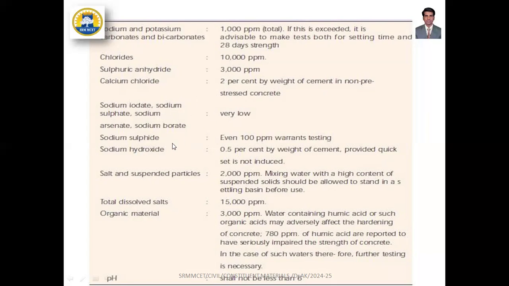Sodium sulfate is a maximum of 100 ppm, sodium hydroxide a maximum of 0.5% to the weight of the cement, and the salt content a maximum of 2000 ppm. The total dissolved solids should be a maximum of 15,000 ppm, and the organic material is 3000 ppm. Here ppm is nothing but parts per million, and the pH value should not be less than 6.